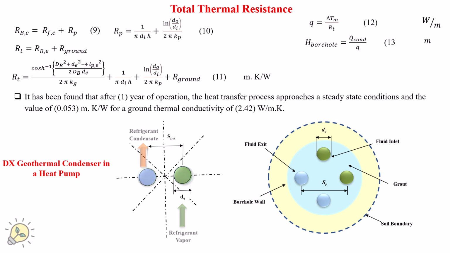And from this equation we can get the H, which here is meant to be the depth of the tube itself, equal to Q condensation divided by small q heat loading, and the Q condensation can be calculated from a direct multiplication of mass flow rate of, for example, Freon R410A times the latent heat of the refrigerant.